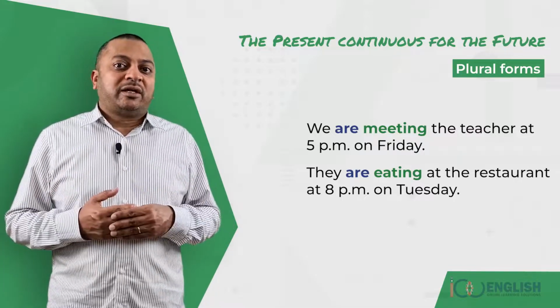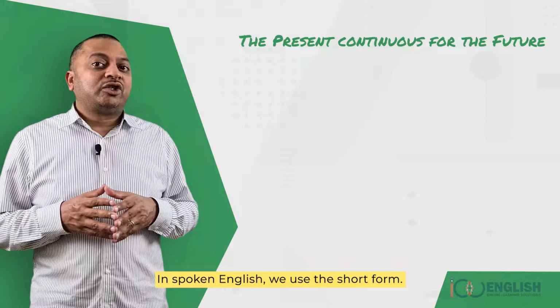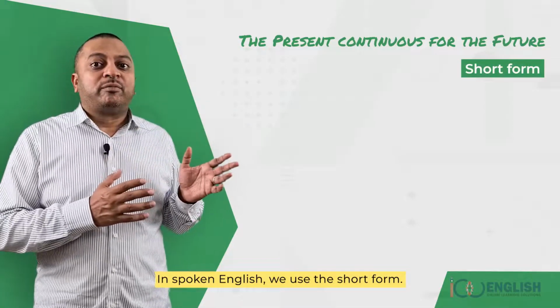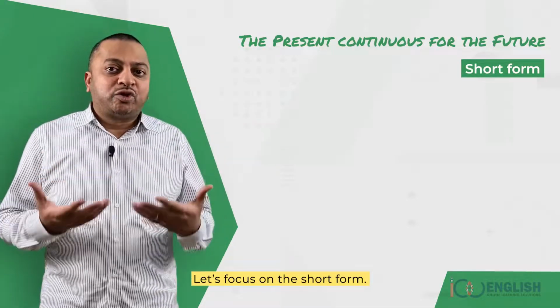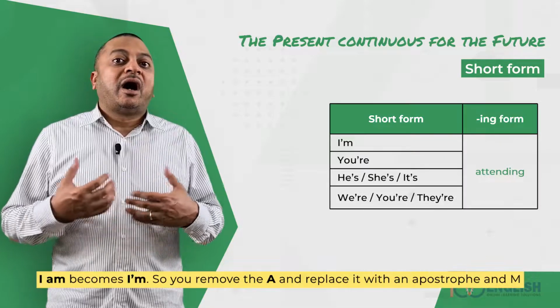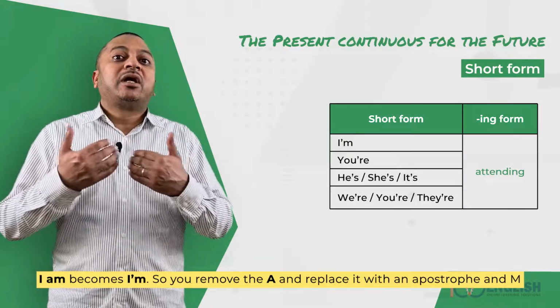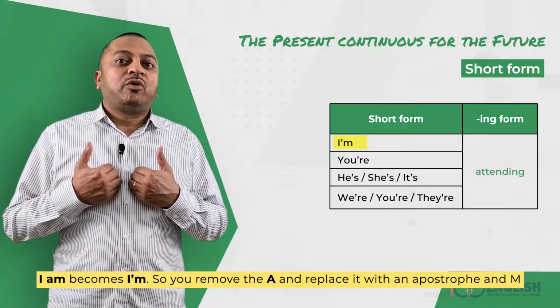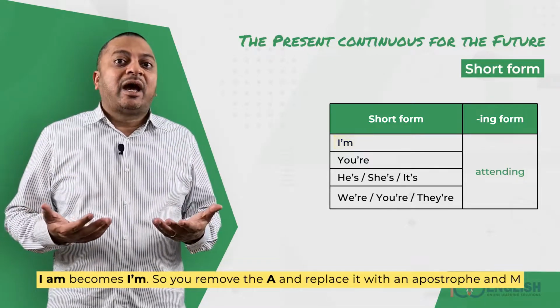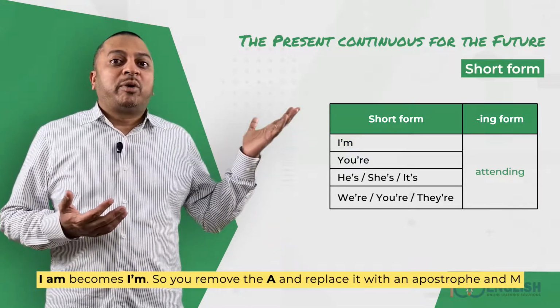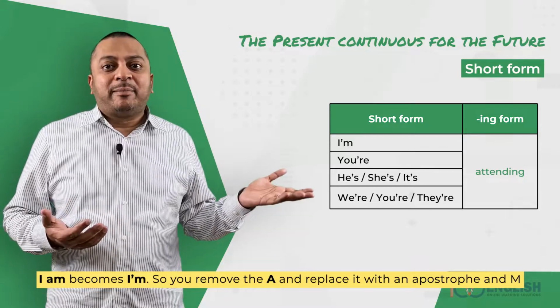In spoken English, we use the short form. Let's focus on the short form. I am becomes I'm. So you remove the a and replace it with an apostrophe and m.